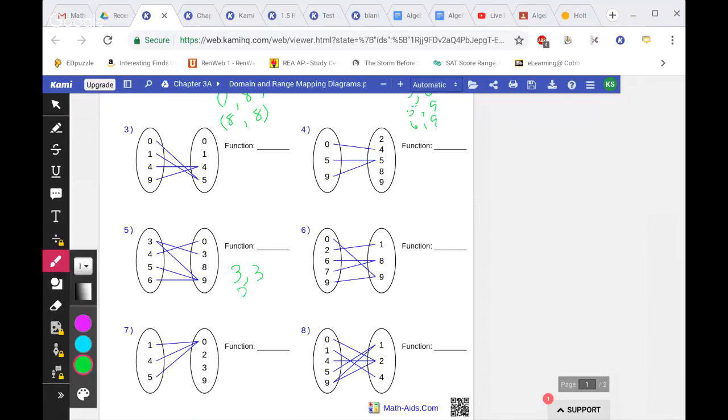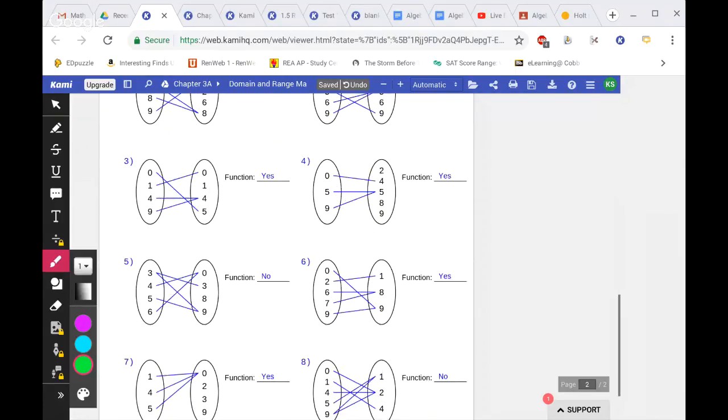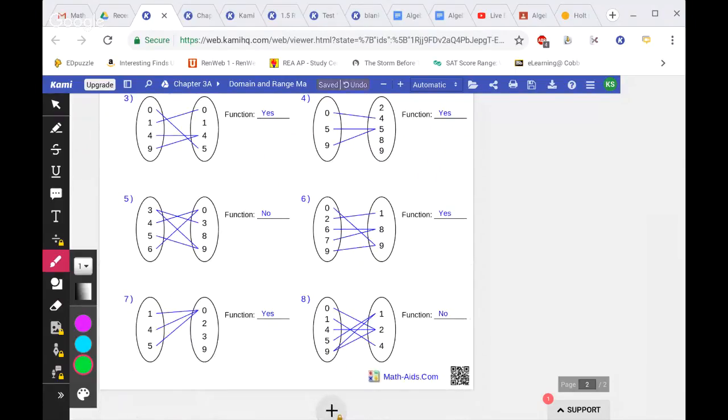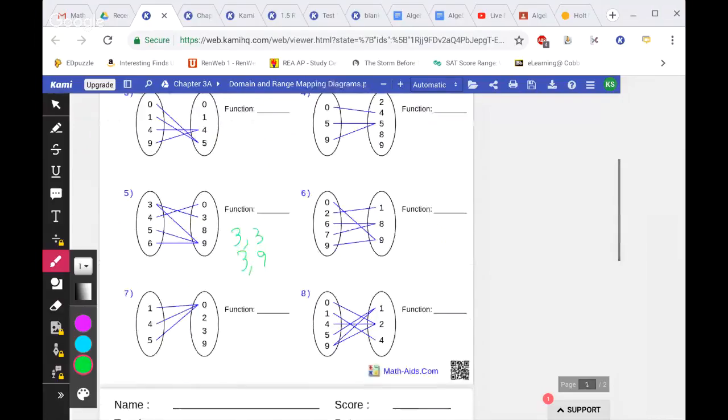The repeat is 3, 3, and 3, 9. And I think that's right. And then the last one looks like it isn't.